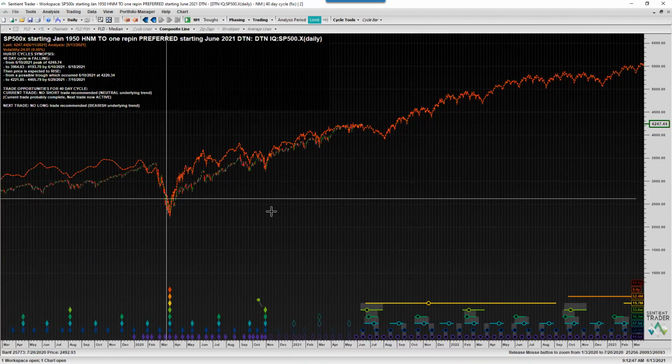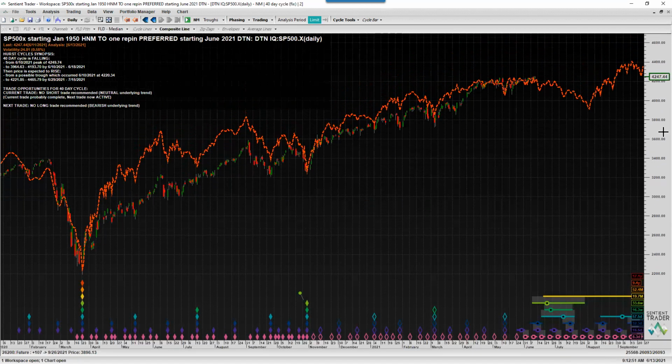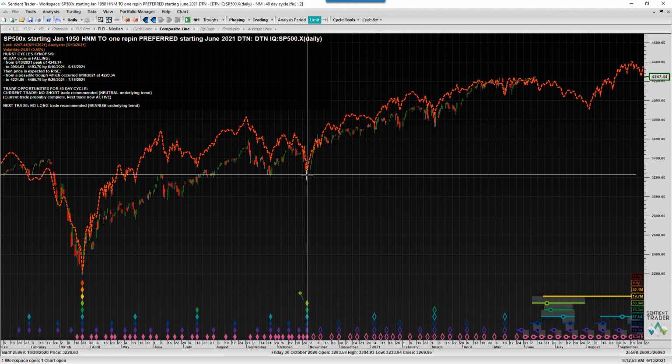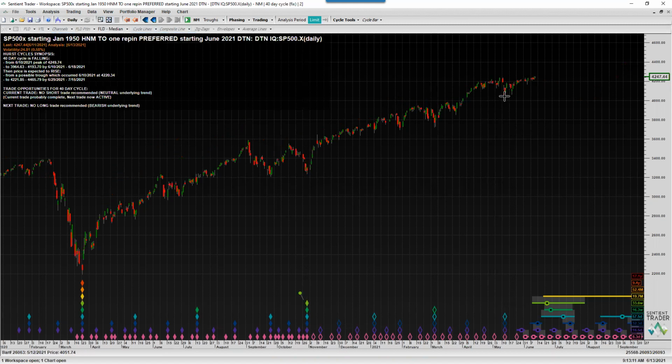So here's a look at the S&P with that one repin back to late October of last year, the 40-week. And then it puts a nice 20-week cycle trough here, and it puts an 80-day cycle trough right here.